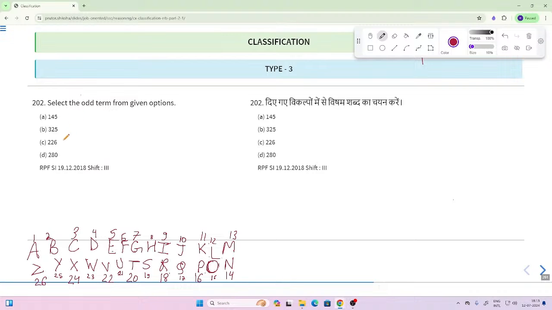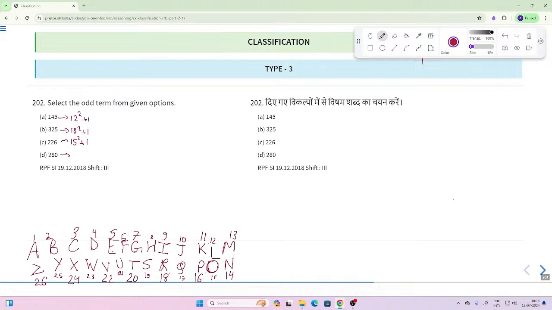145, 325, 226, 280. So immediately you might not see a pattern, but what I noticed is this is 12 square plus 1. This is 15 square plus 1. This is 18 square plus 1.